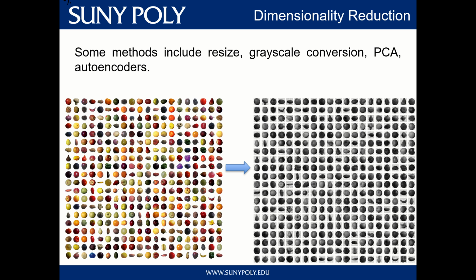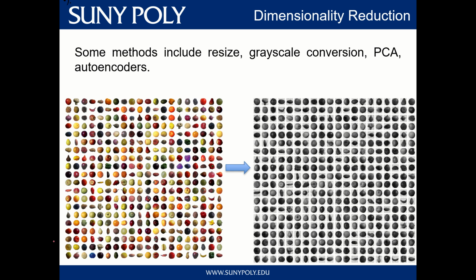So what are the possibilities to reduce the dimensionality? Well, I mentioned going from color to grayscale. That's one option. It's going to reduce the number of variables, like it's going to divide them by three. But there are other possibilities.